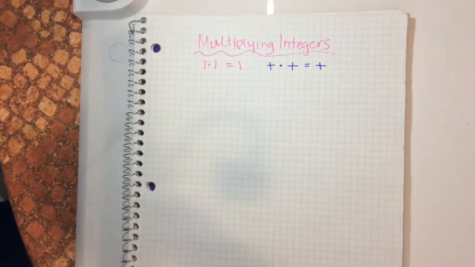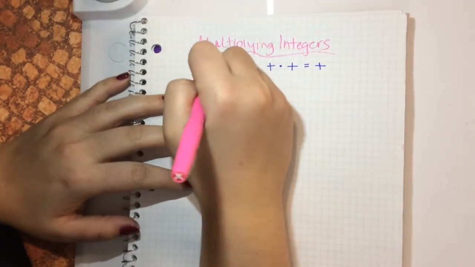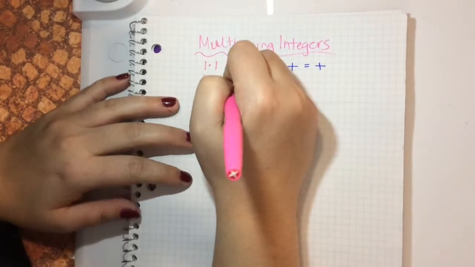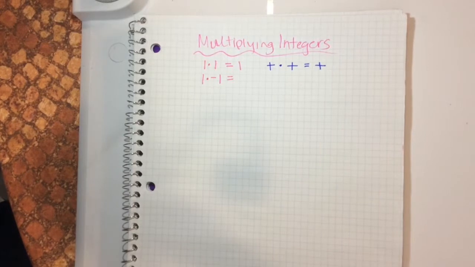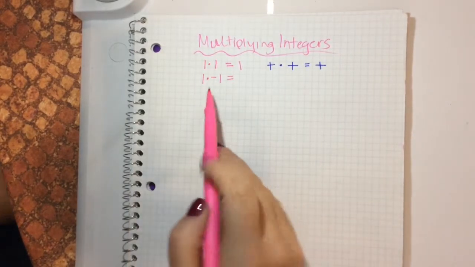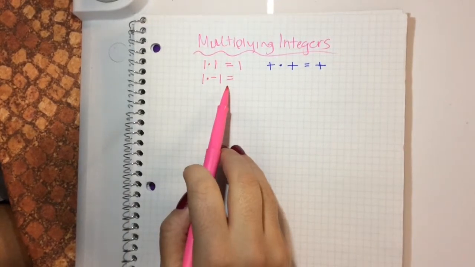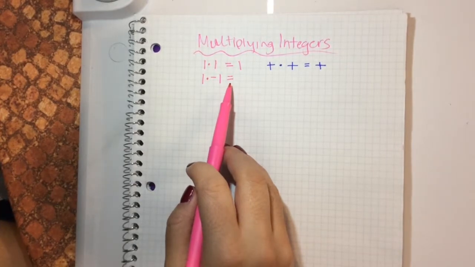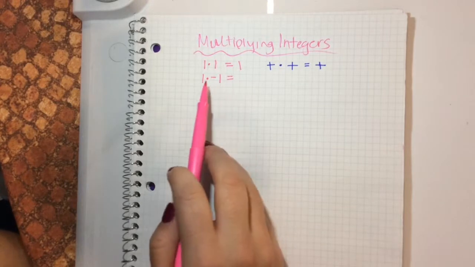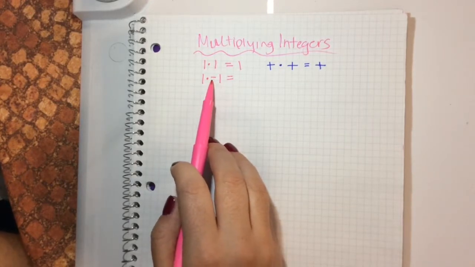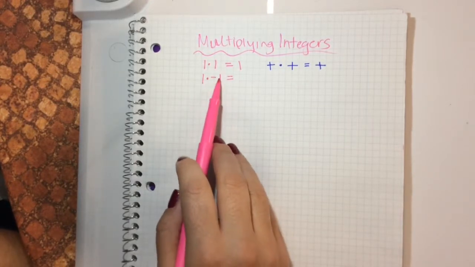But now we get into this tricky place of what do I do with the negative integers? So what if I have 1 times negative 1? Well, remember the identity property, which you guys learned in 6th grade and which we've talked about a little bit this year already. 1 times anything is that thing.